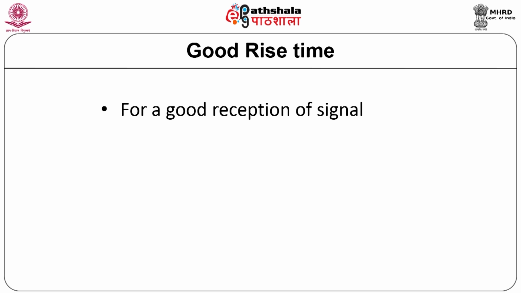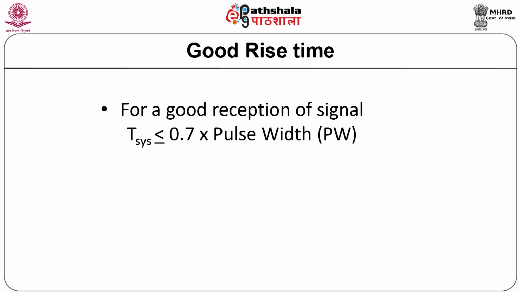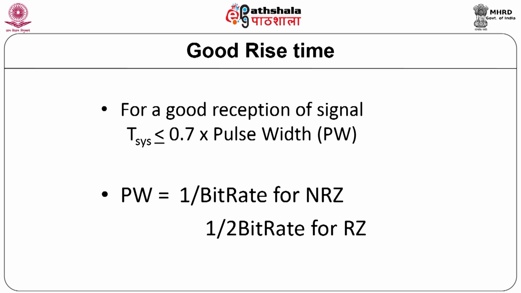For good reception of signal, T system should be less than or equal to 0.7 into pulse width, that is PW. PW is equal to 1 upon bit rate for NRZ, that is non return to zero, which is equal to half bit rate for return to zero.